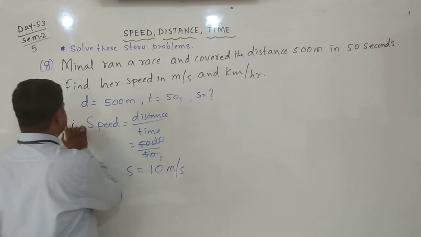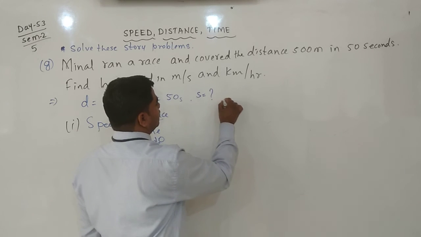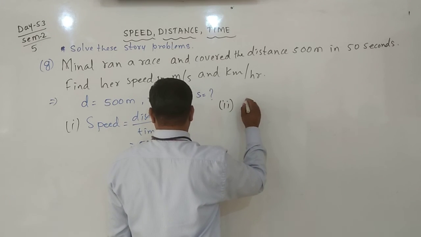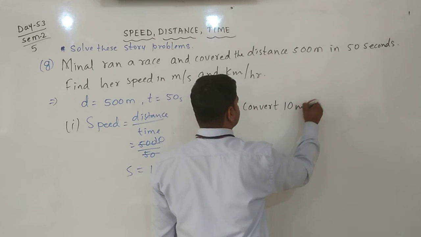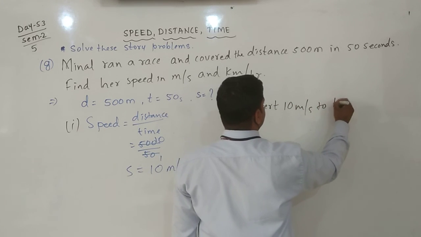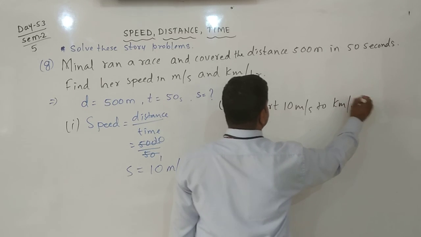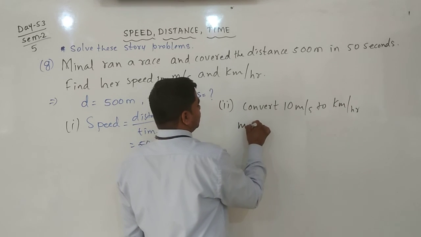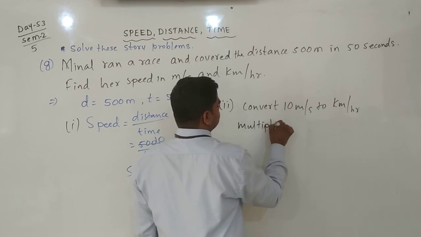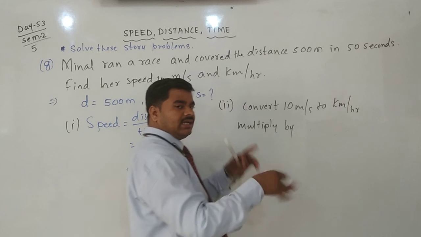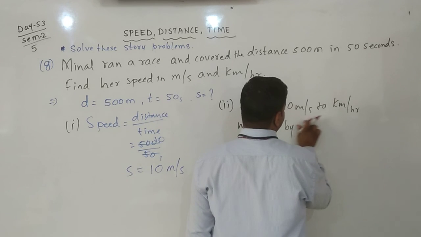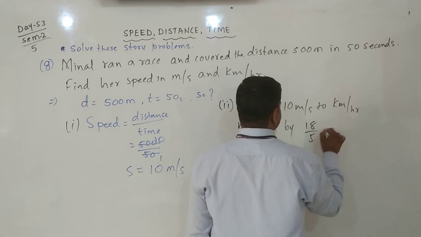This is the first one. Next, convert 10 meter per second to kilometer per hour. Very simple. There you multiply by 5 by 18, here reverse, 18 by 5.